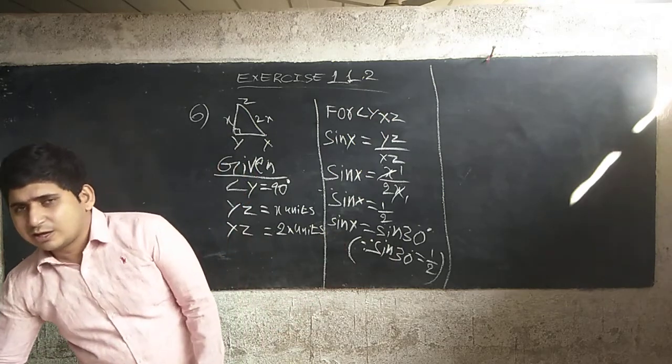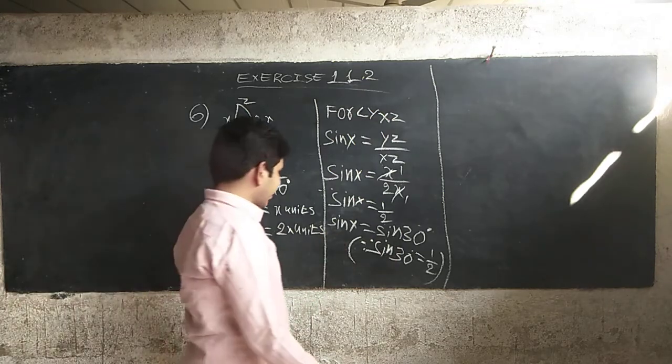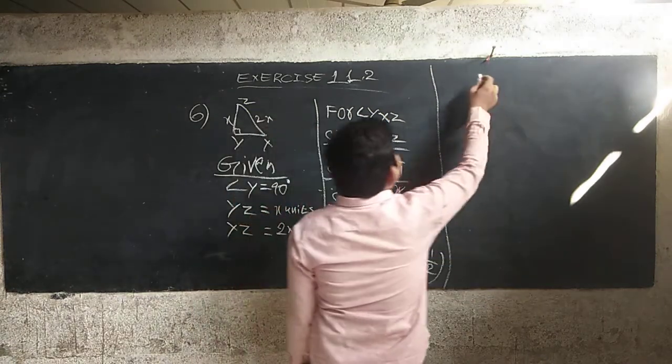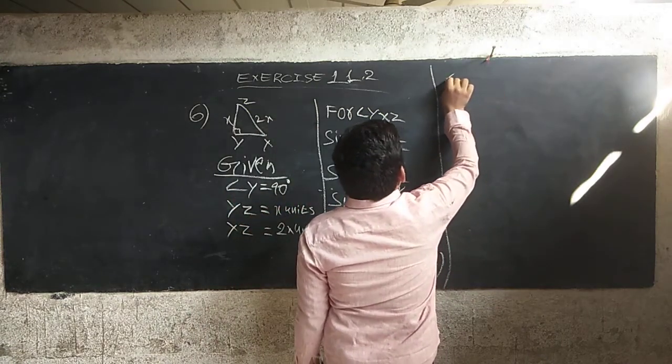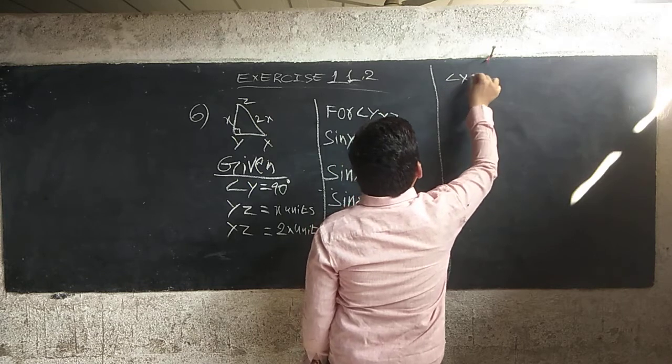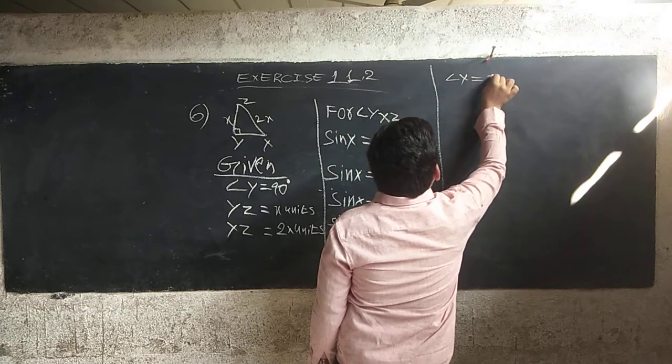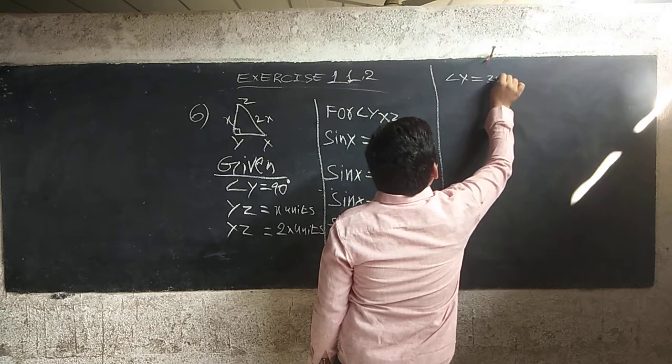Now write down: angle x equals 30 degrees. How?